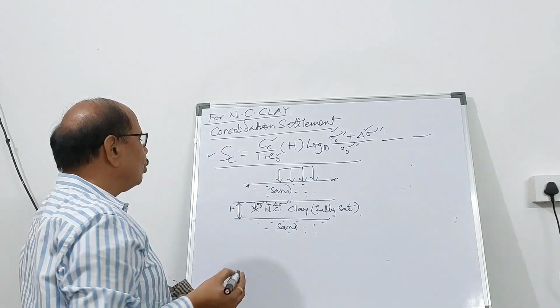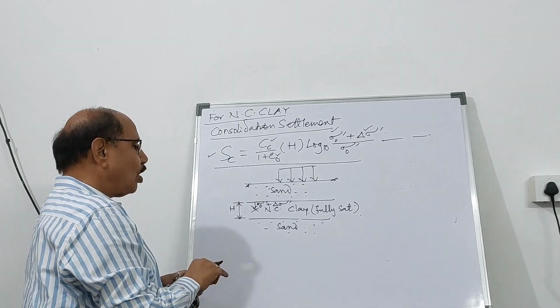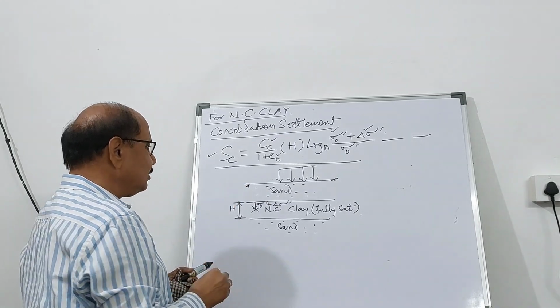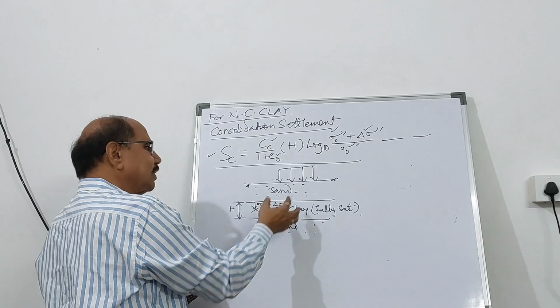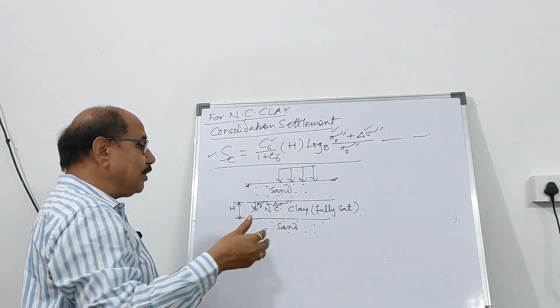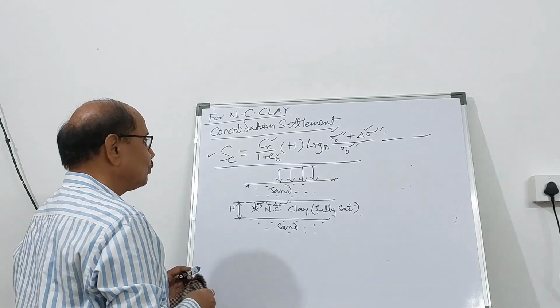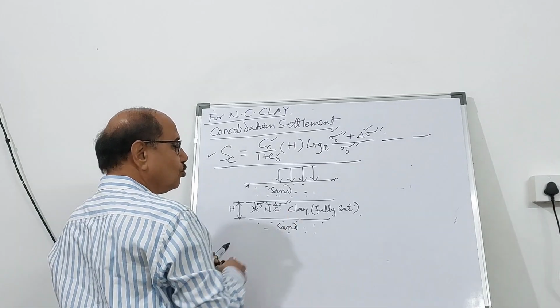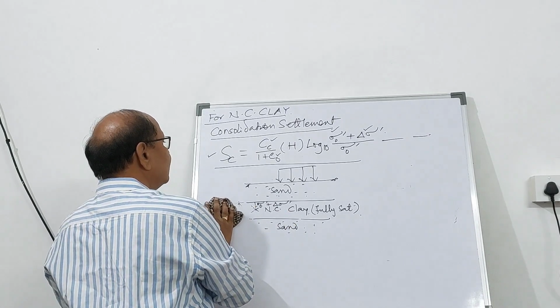Now, if it is over consolidated clay or pre-consolidated clay, that means the soil has been subjected to higher pressure than the present pressure. So that you have seen how to find out pre-consolidation pressure.